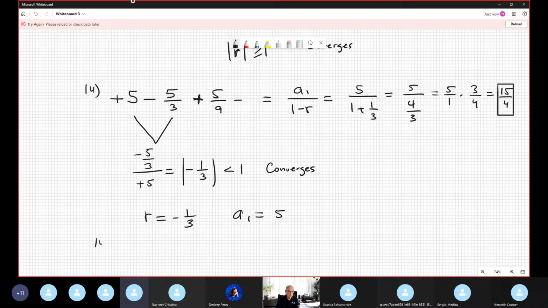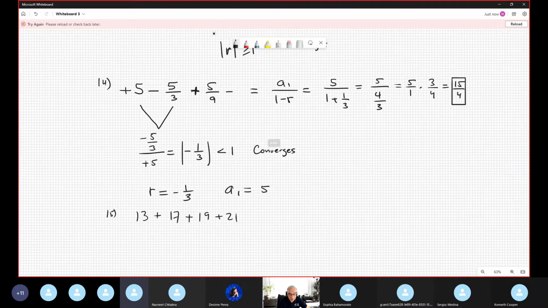But problem 15 is a little bit stupid because it's 13 plus 17 plus 19 plus 21. This is nothing. This is not arithmetic, not geometric.